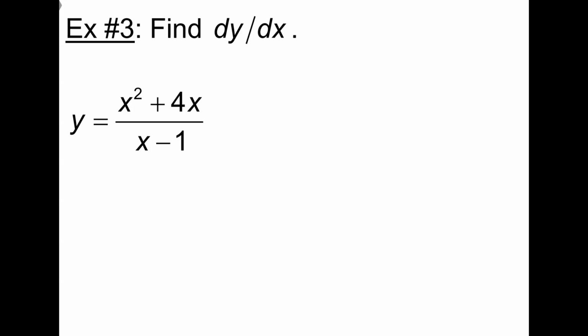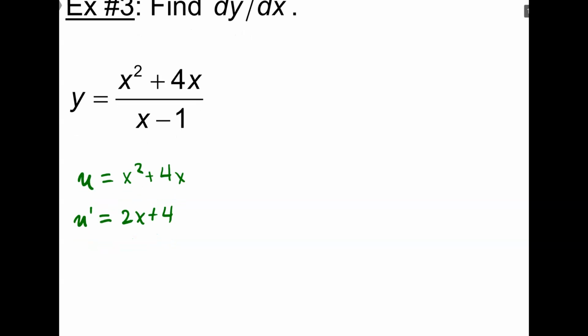You're going to be using the power rule for the first line. I do this every time because then I don't have to think about it as much, since I literally have it listed for me. u equals x minus 1, u prime is 1.